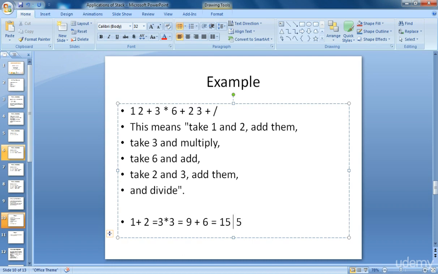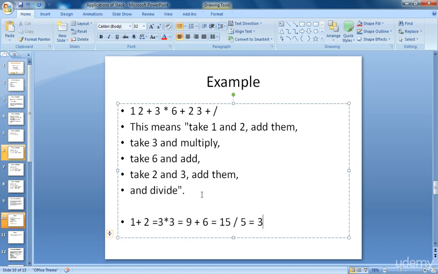Sorry, this plus will not come here, because this plus is associated with this one. So here we will divide this by 5, and the answer will be 3.